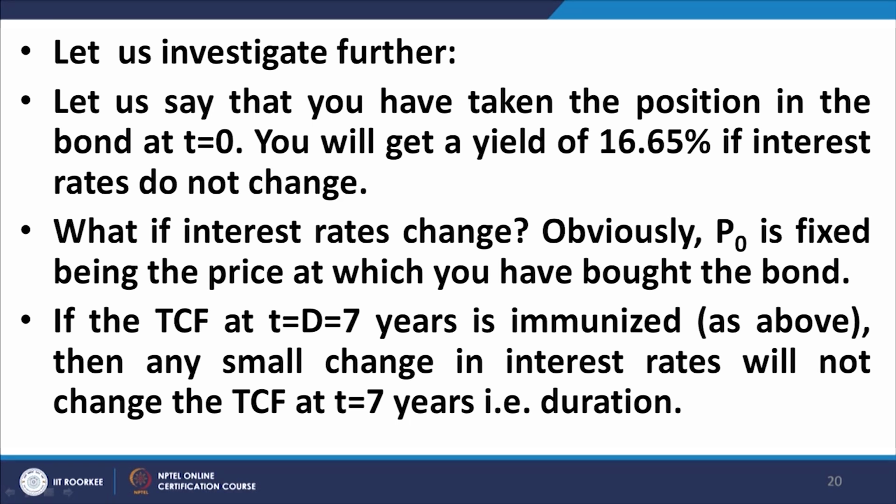7 years. So, because the total cash flow at t equal to 7 years is immunized against changes in market interest rates, your cost of entering the investment is known. So, what does it mean? It means the return that you have between t equal to 0 and t equal to 7 years is immunized, is protected against changes in market interest rates, provided of course the condition of smallness of the changes is accepted.